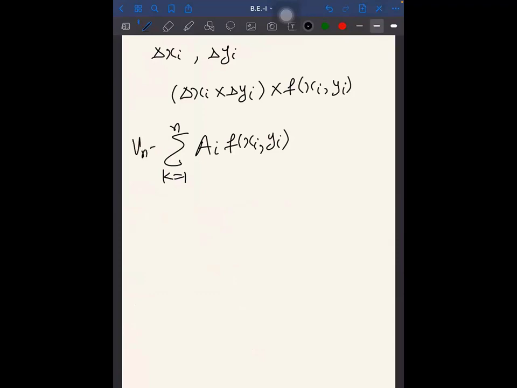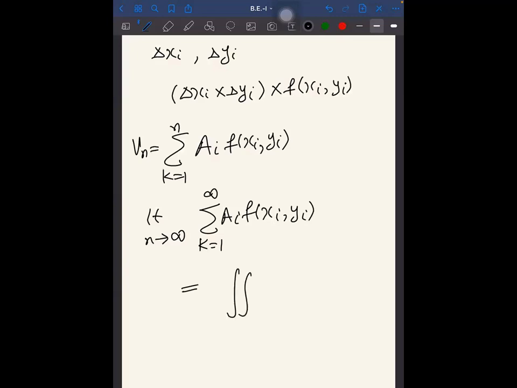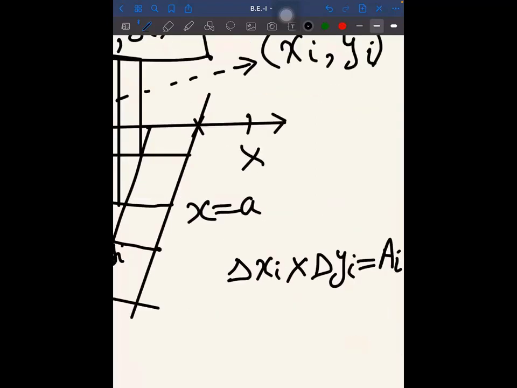Now similarly, if you take n tends to infinity, if it makes sense, then it will become a double integral, and we'll write it as the double integral of f(x,y) over dA, and this dA is written as dx dy, as we have learned from delta x delta y.